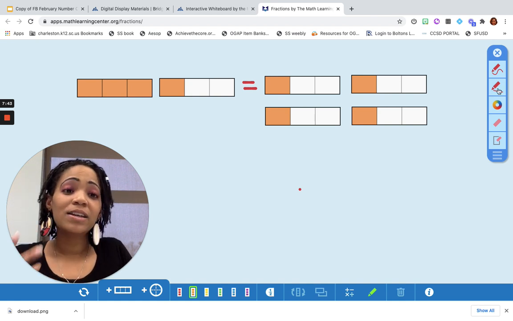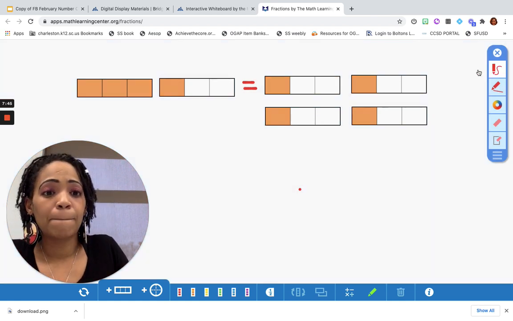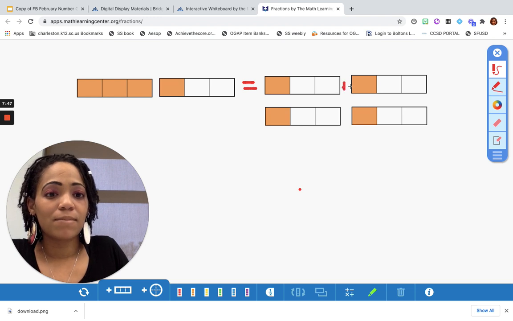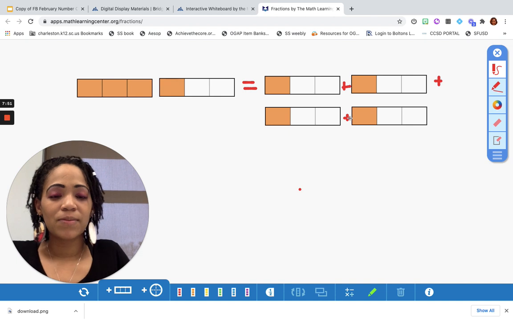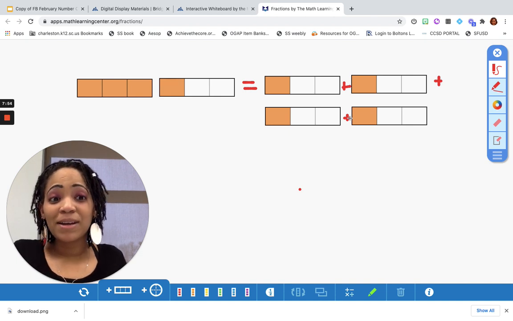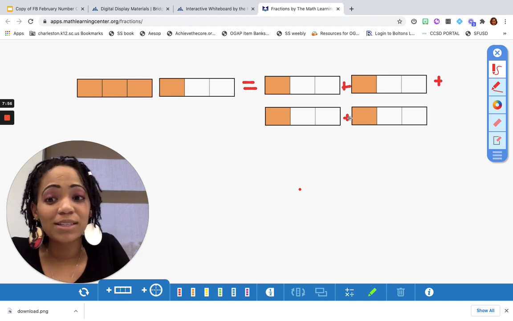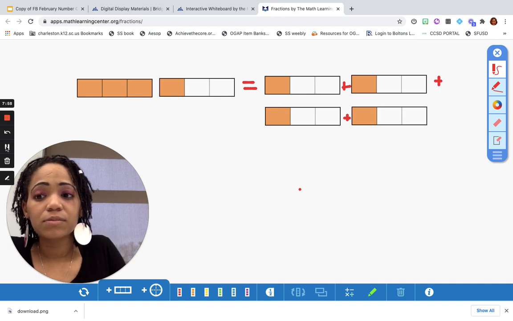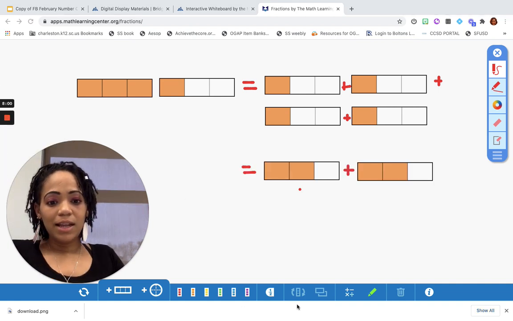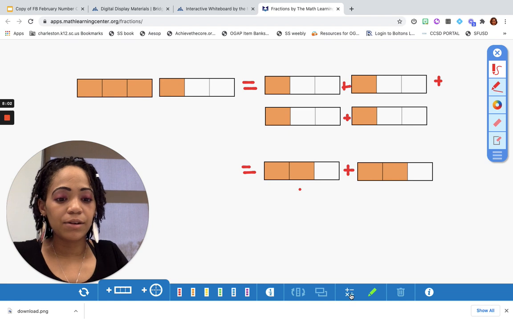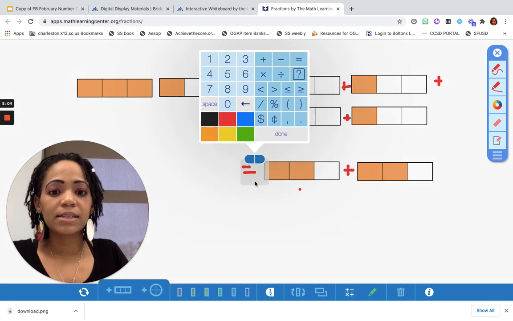Can you figure out another expression? Cool. Did anybody think about doing 2/3 plus 2/3? And I went ahead and represented that here for us. And so I'm going to write it as an equation.